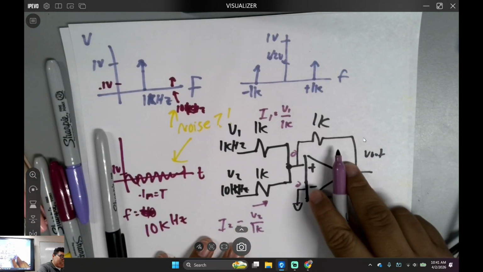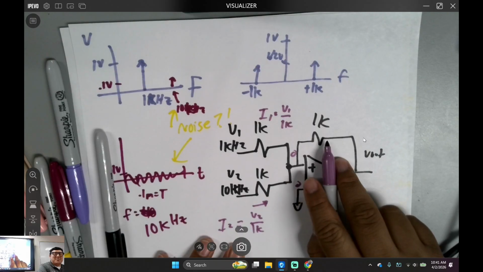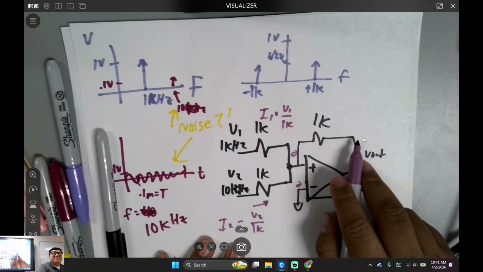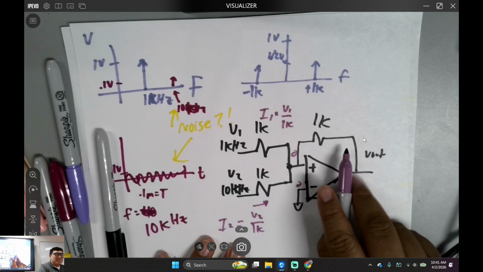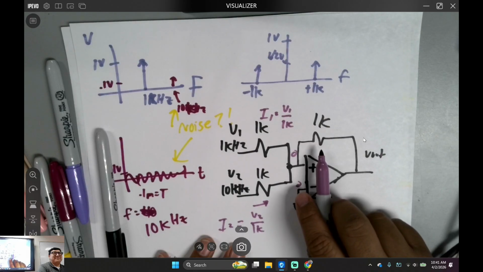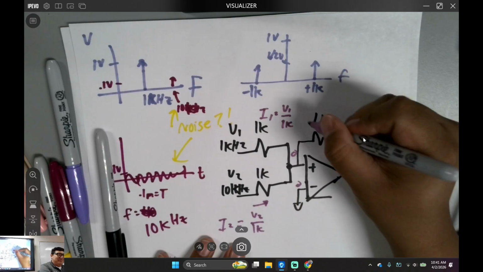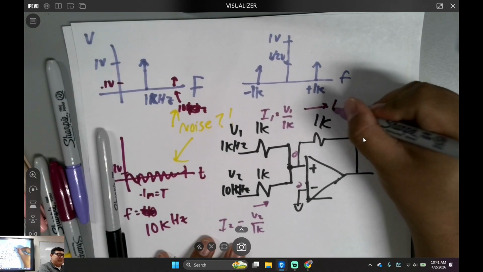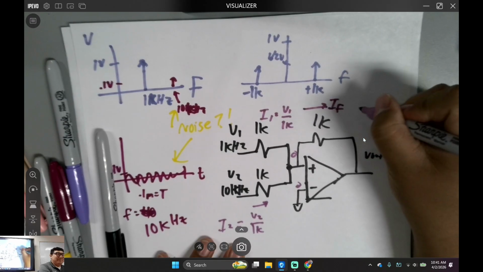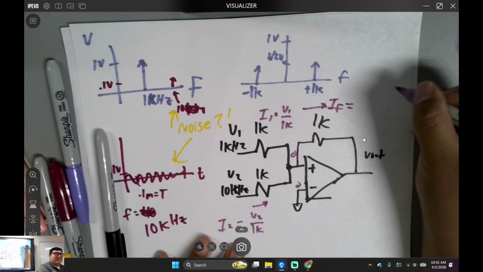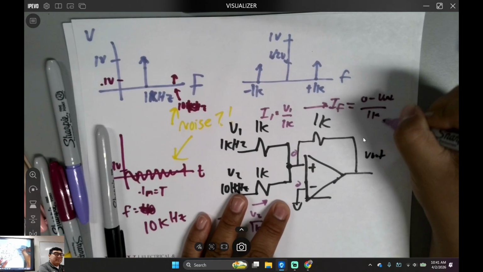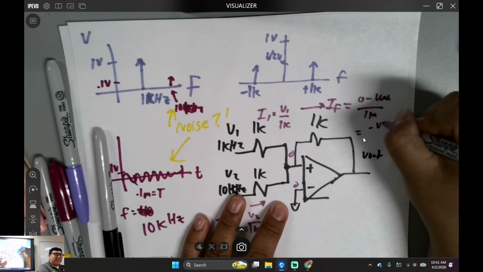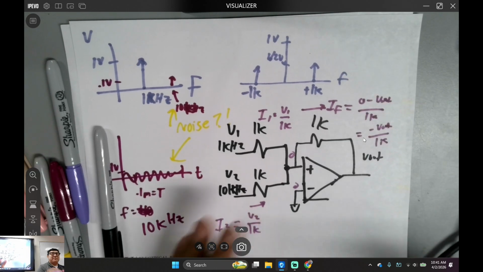Anyways, which direction do you want to go? Do you want to go this way or that other way for the feedback? Left to right? Like that? What's the current? 0 minus V out over 1K, which is equal to minus V out over 1K.